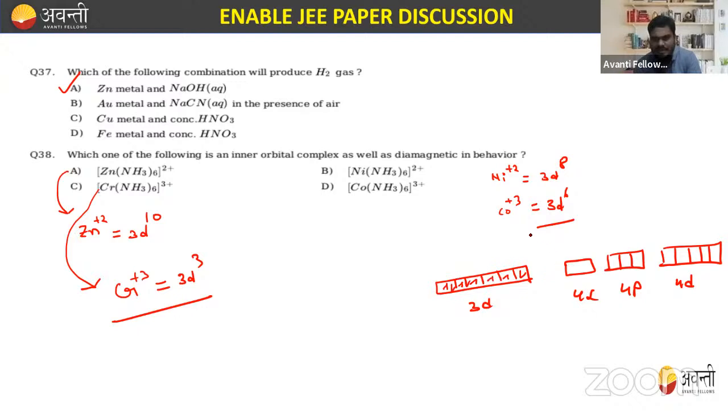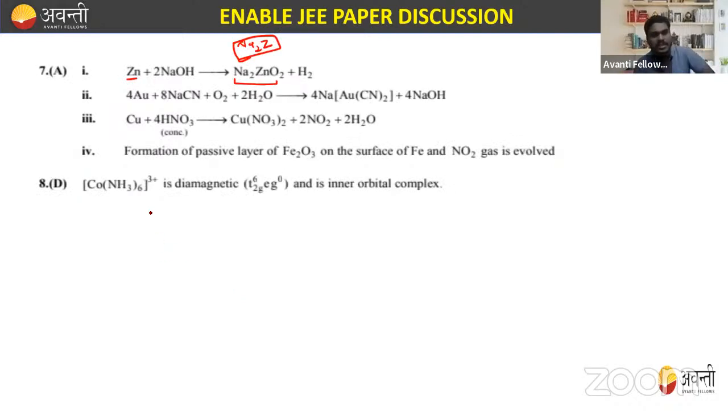Now in S, how many electrons do they have? For octahedral complexes, now here the ligand comes into the picture, whether the ligand is weak or strong. There is no unpaired orbital present in the 3d series in their ground state. So let's see, Co(NH3)6 3+ is diamagnetic and it is an inner orbital complex.